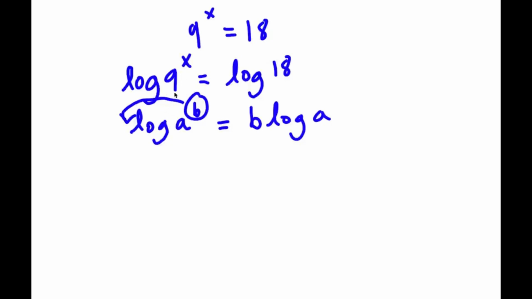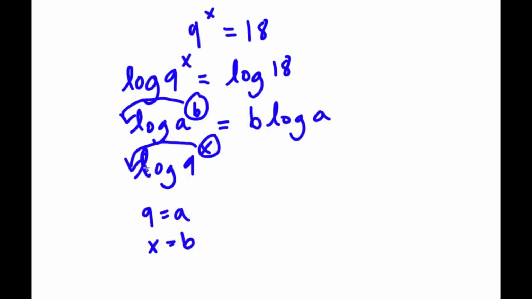So I'm going to use this property on log 9 to the power of x. We can think of 9 as a and x as b. So I'm going to move our x to the front of the logarithm.